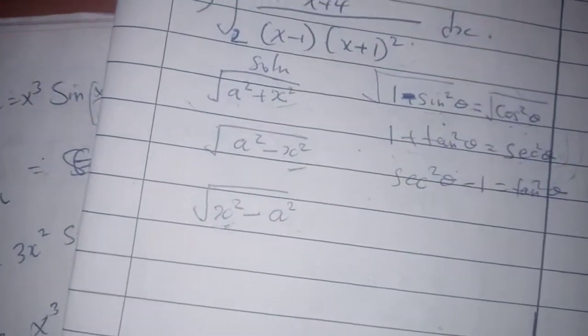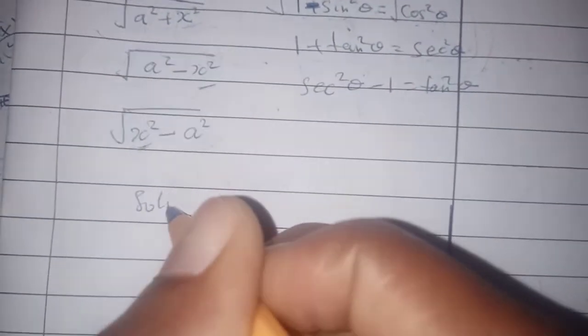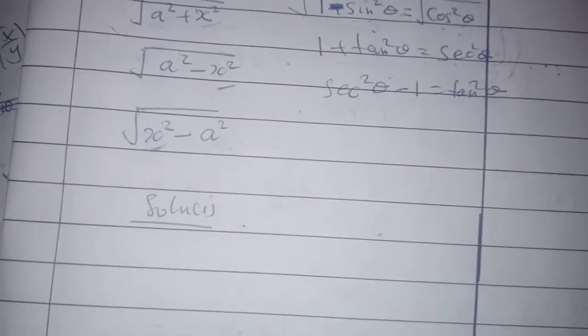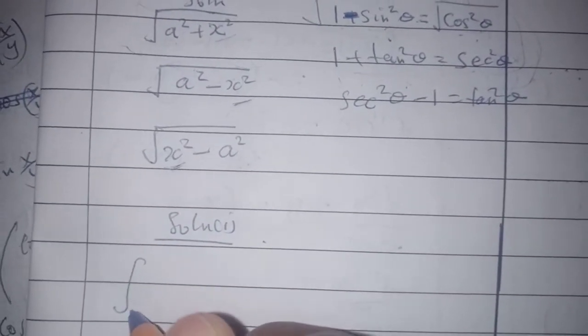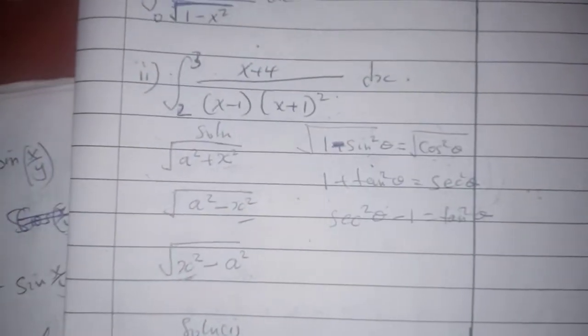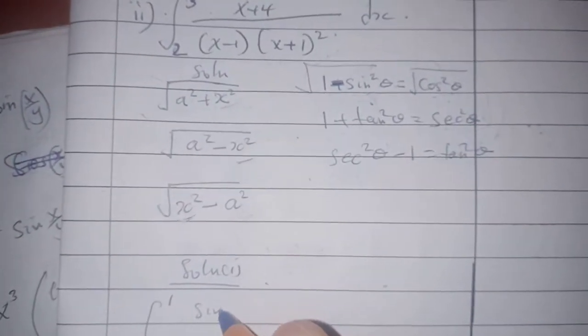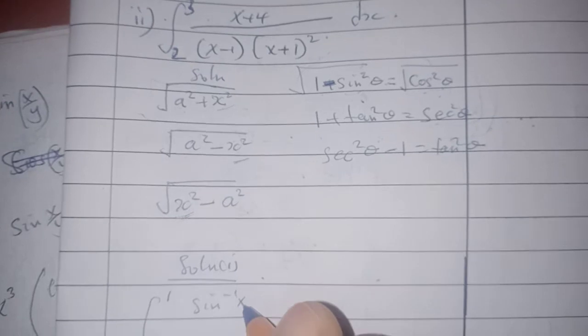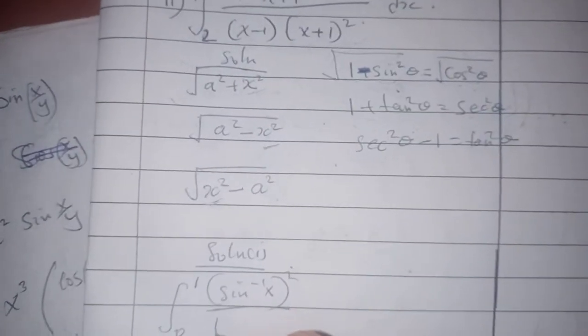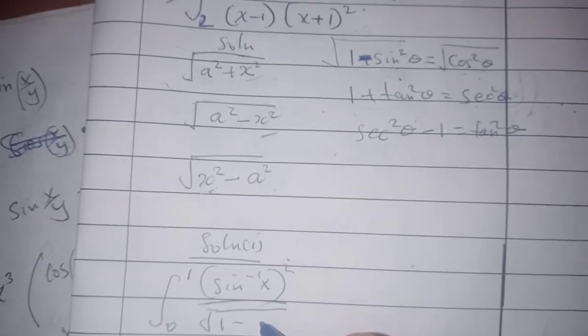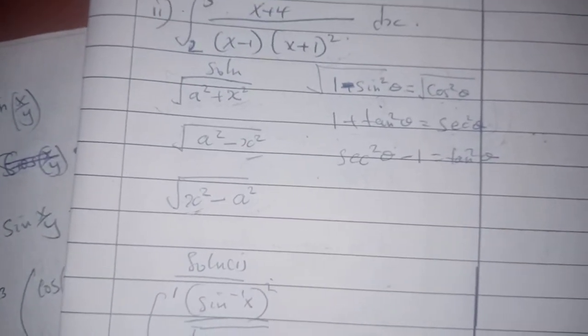So, solution to Question 1. We have been asked to find the integral from 0 to 1 of sine inverse of x squared all over the root of 1 minus x squared dx.